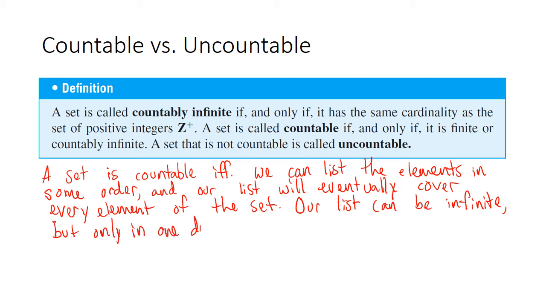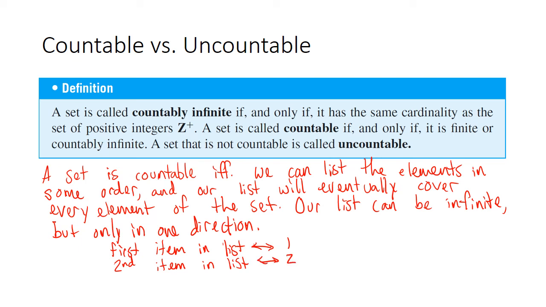It has to only be infinite in one direction, just like the positive integers, because that's what we're really doing here. When you make a list of your elements in your set, what you're really doing is placing them into a 1-to-1 correspondence with the positive integers, where the first item in your list goes with 1, and then your second item in your list goes with 2, and then so on and so forth.